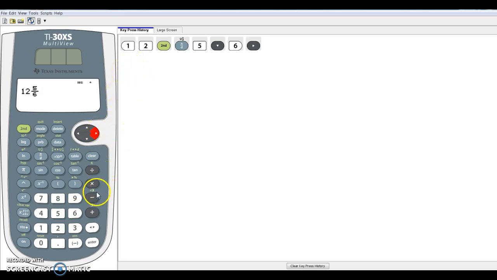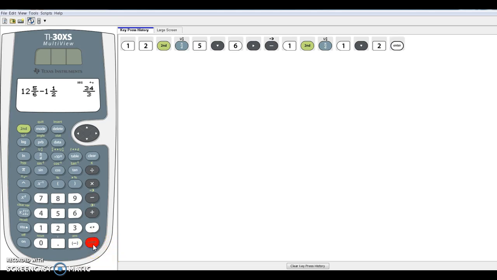And so we're going to do minus. We have 1 and 1/2, so we're going to put in the 1. We're going to do the second and then the n/d. And we're going to do 1, down arrow, 2. Okay. And then we're just simply going to enter to get our answer.